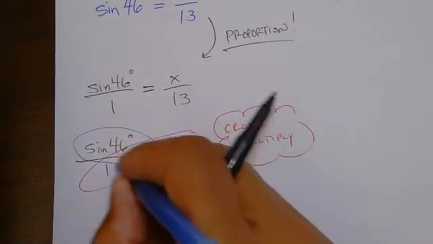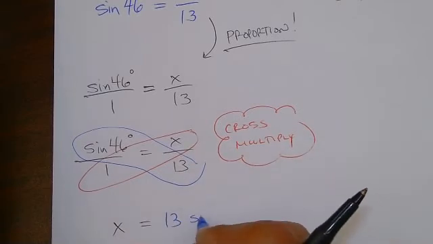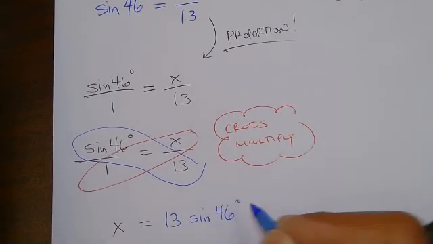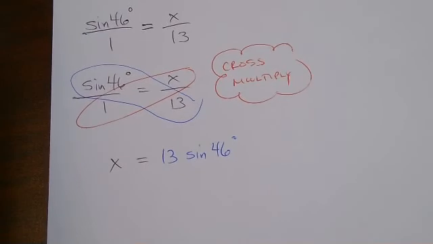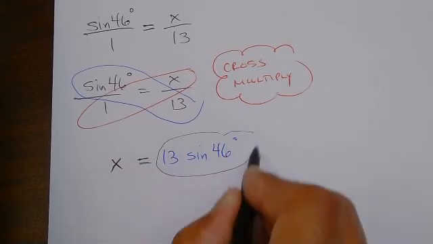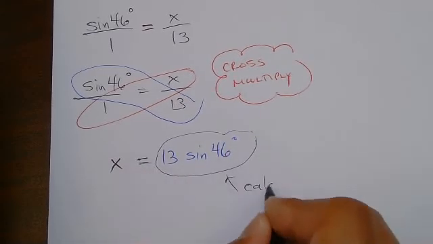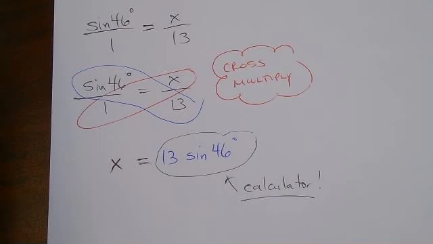I'm going to get x is equal to 13 times sine of 46 degrees. Is this already solved for x? Yes, it's already solved for x. See, x is right here by itself. You just got to now do this on the calculator.